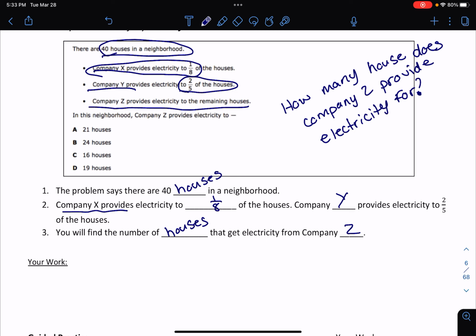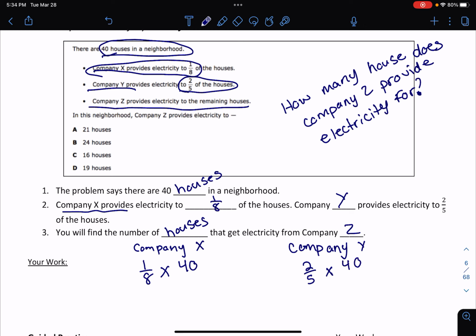So now we're going to go ahead and solve that. So it says Company X provides electricity to 1/8 of the houses. How many houses was it? 40. And then it says Company Y provides electricity to 2/5 of the houses, and we have 40 houses.